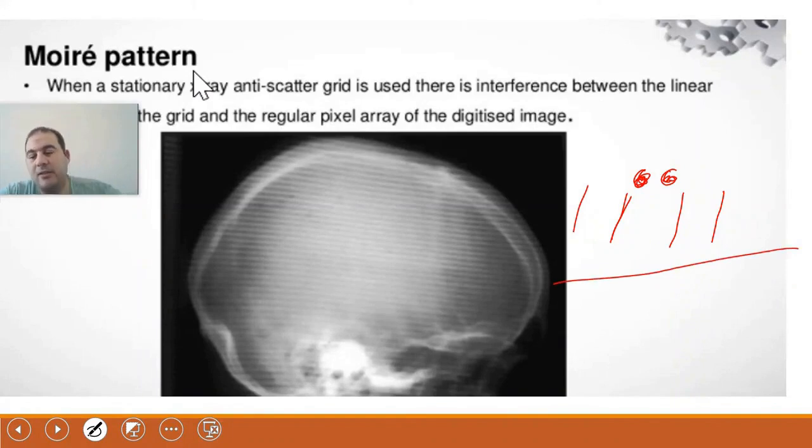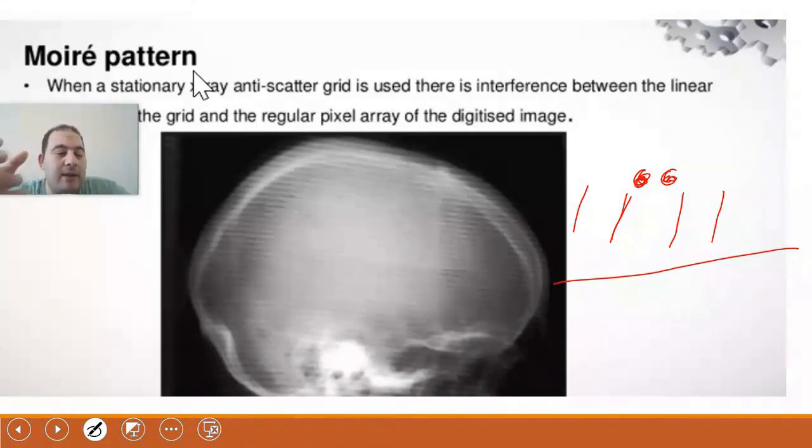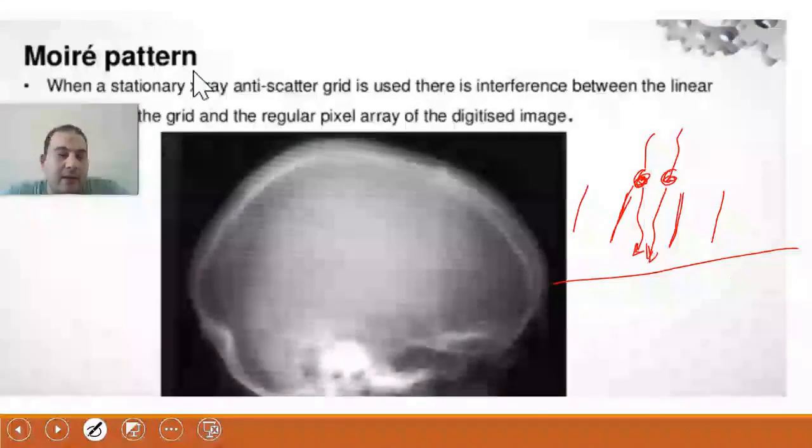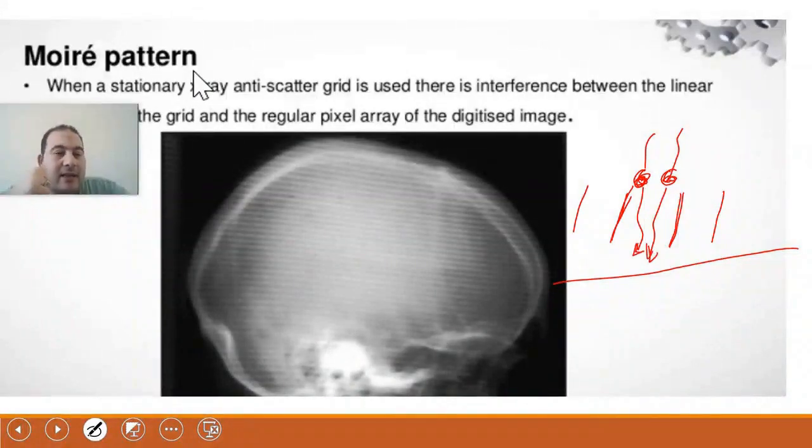The idea is that the strips here act like a collimator, improving your resolution. How does this work? This gap allows the signals to pass from the two objects, and the distance between them is very close, but the gap is large because you are using a low-frequency grid.